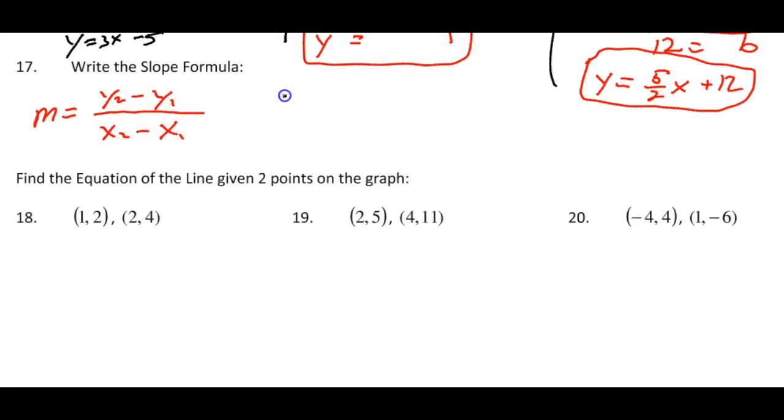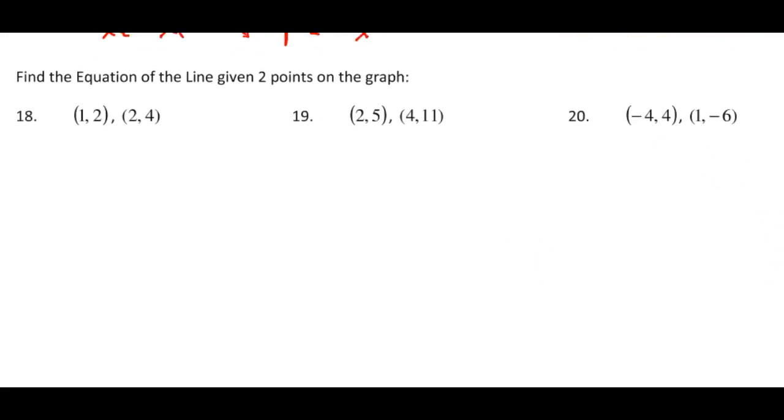You could also use the table method and just find out what's the change from one number to another. Just remember it's going to be y over x for your slope. So the right number goes on top and the left number goes on the bottom. Okay. So now I'll still use the same 2 columns, but I'll have more work to do for that first column now.